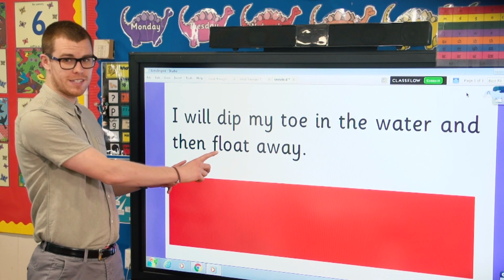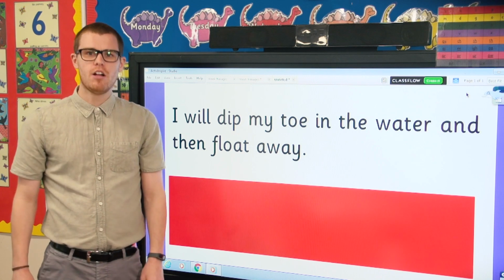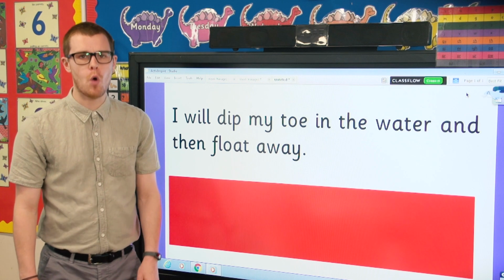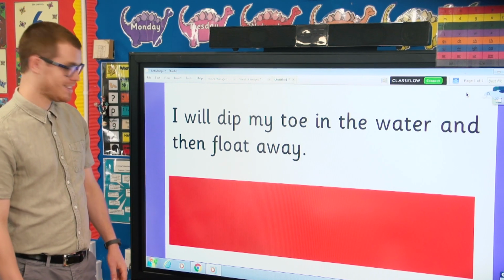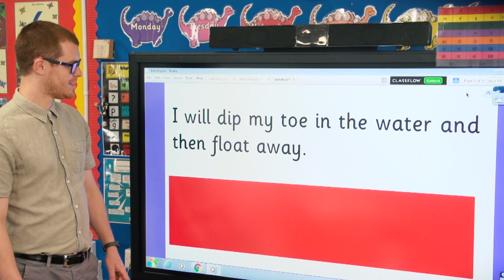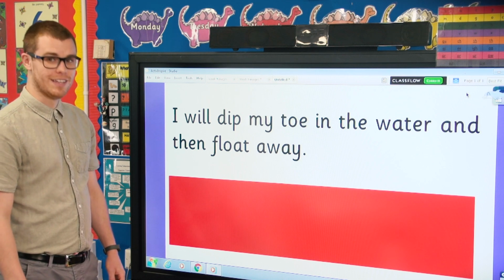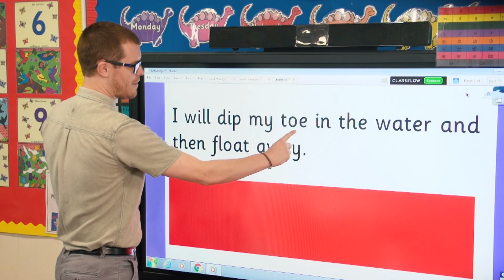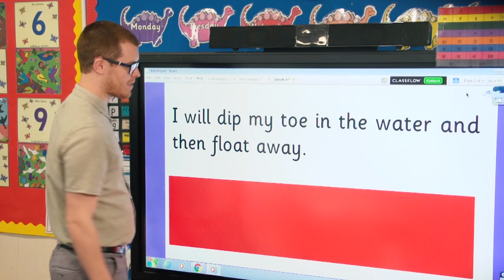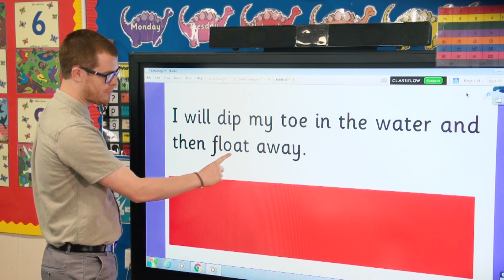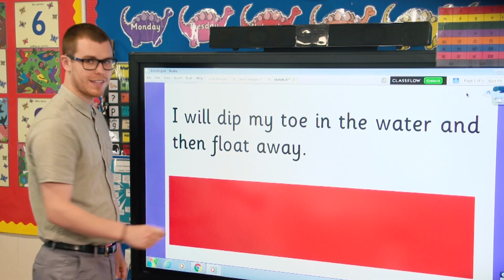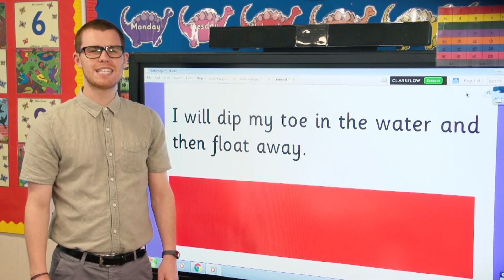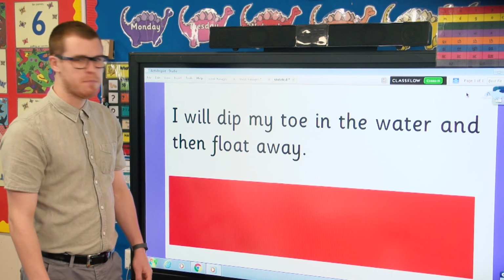Here's the first sentence. Can you see the words with graphemes that make the sound O? That's right. This word has a digraph that makes the sound O, and this word has a digraph that makes the sound O. Can you see a grapheme that makes the sound A in my sentence?